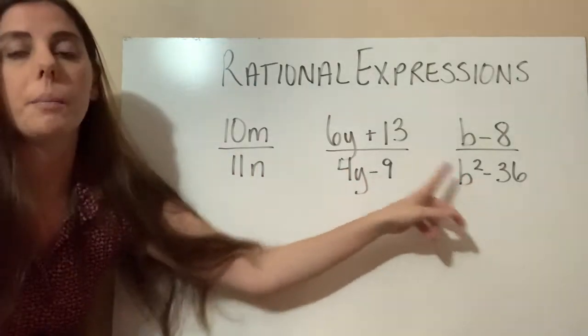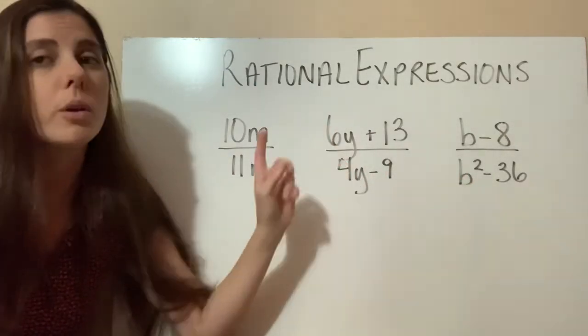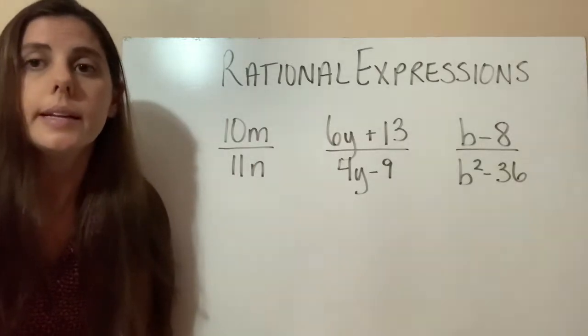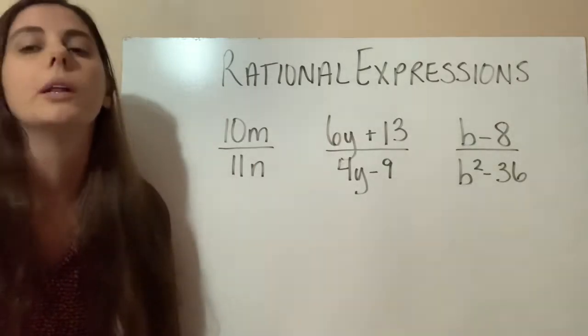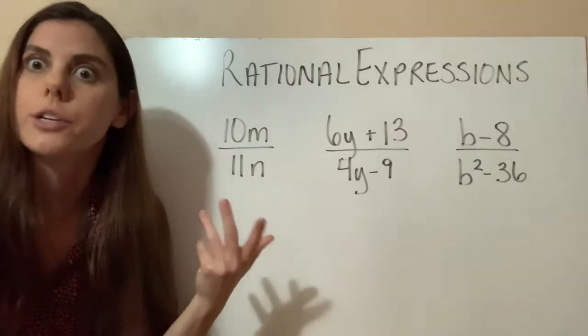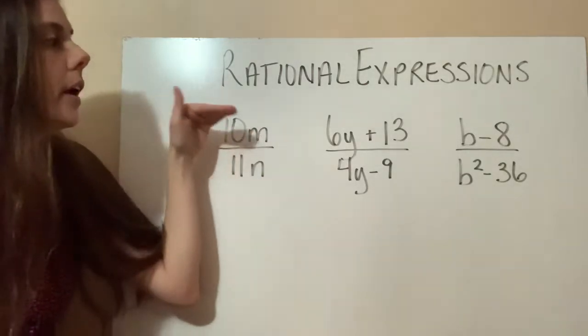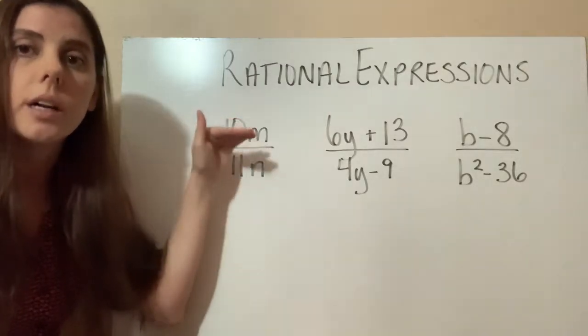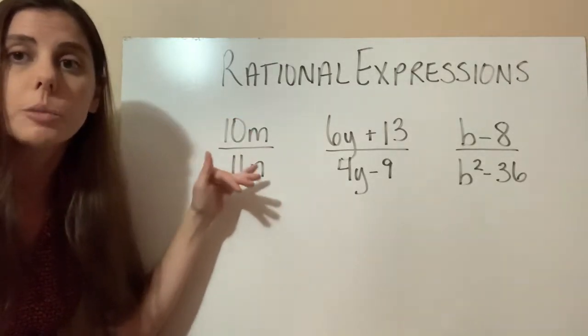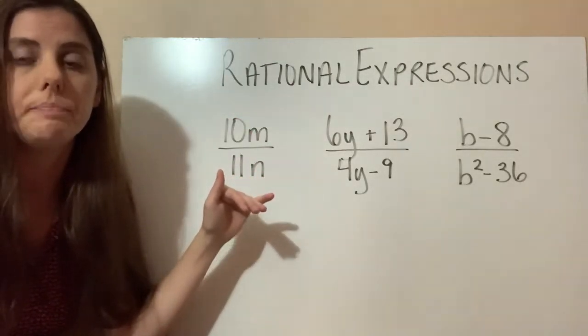We also have a couple examples where we have a binomial divided by a binomial. Later on in other videos, we'll be looking at trinomials divided by trinomials as well. A rational expression is just where we have an algebraic expression on top divided by an algebraic expression on the bottom.